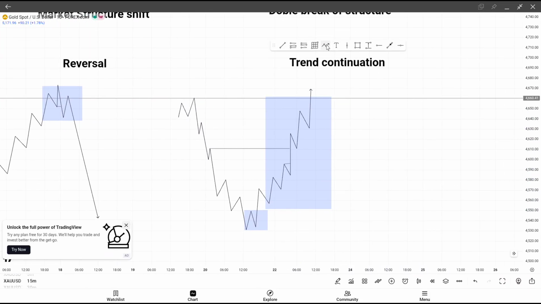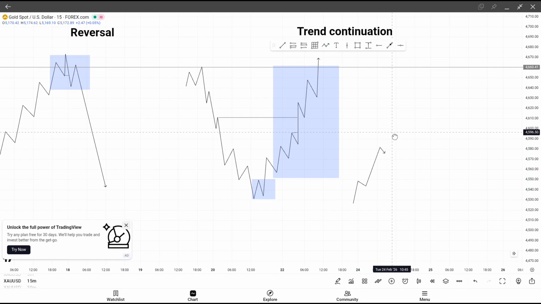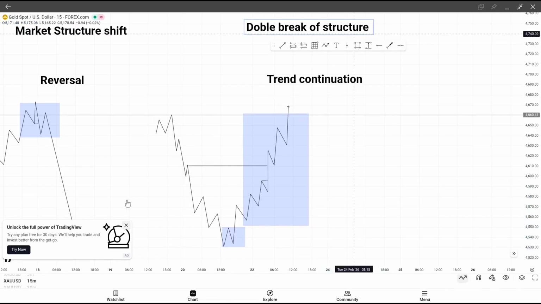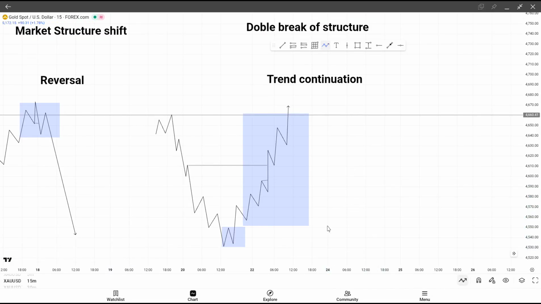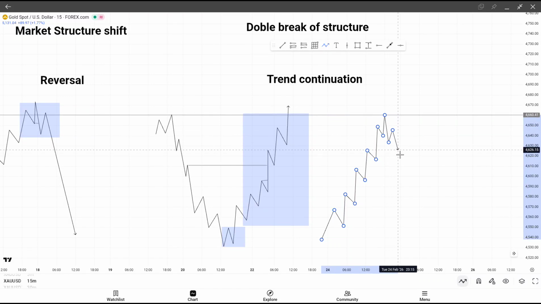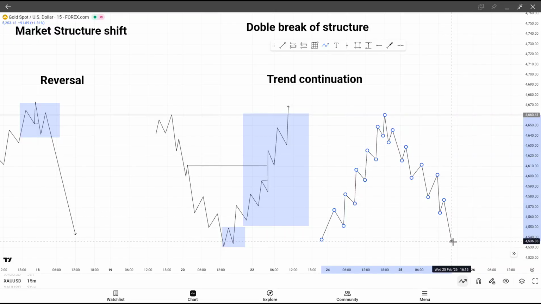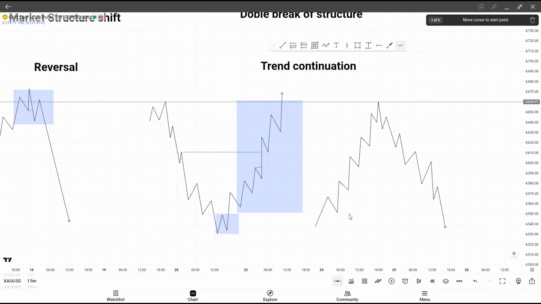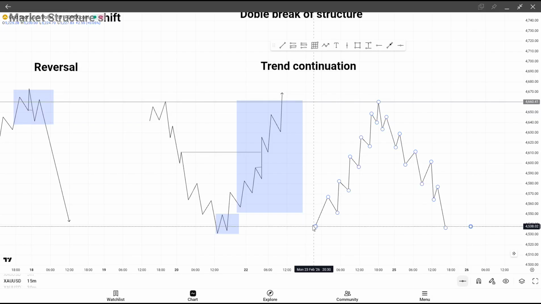For example, if this one is a bullish market, pay attention to this, please. If this is a bullish market and we get the market structure shift taking this low, then any trade around this place to take this low again in a bearish market, we need to use only double break of structure until we clear the new or lower zone.